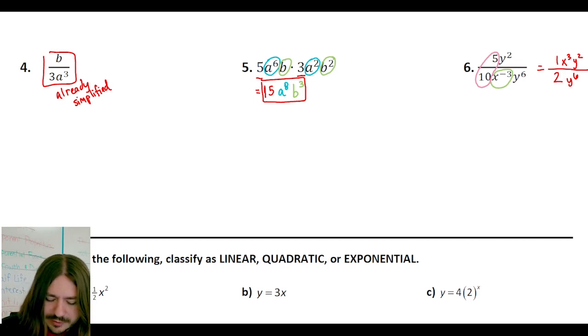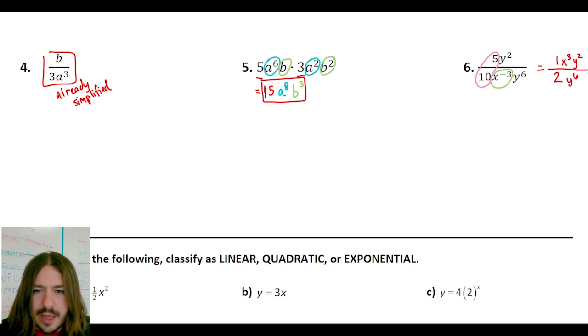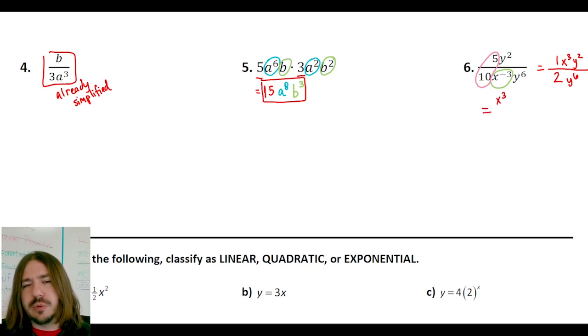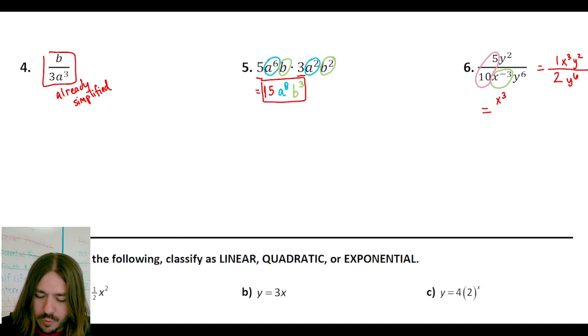Just to showcase what's happening here, I'm not going to write that 1 anymore. What I'm going to do is expand out the y's. I'm not going to do that with the x's because I don't have anything to cancel out anyway. I only have x's in the numerator. But for the y's, I've got 2 y's up top and 6 y's in the bottom.